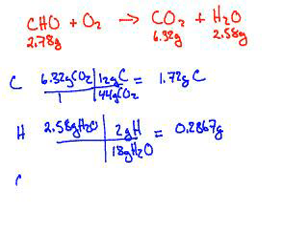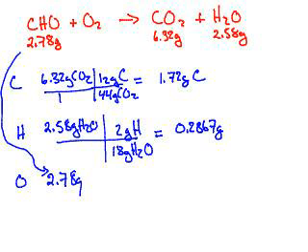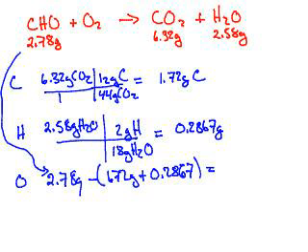Now to get the oxygen, you will take 2.78 grams, that's from up here, minus the sum of 1.72 grams and 0.2867, and that comes out to be 0.7693. Doing this fast, I know.